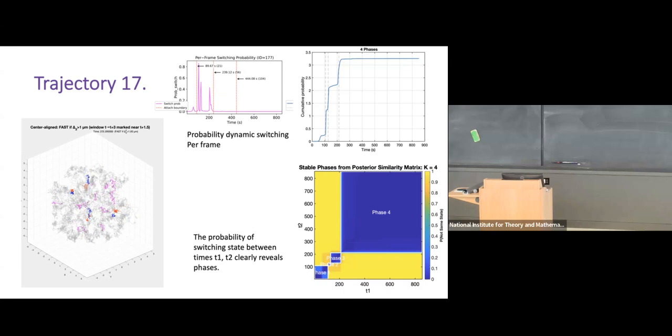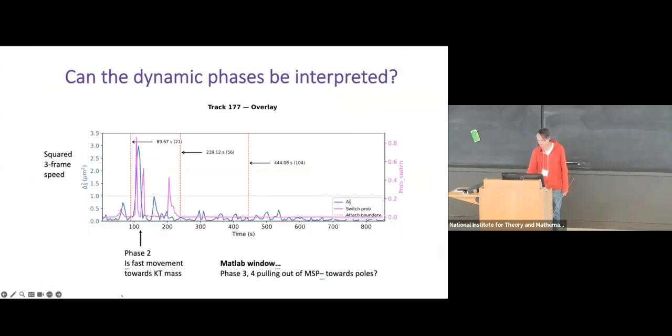These are peripheral kinetochores, and they undergo a fast movement inwards. This is the speed on this trajectory, and you can see this phase here, phase 2, corresponds to my fast movement.